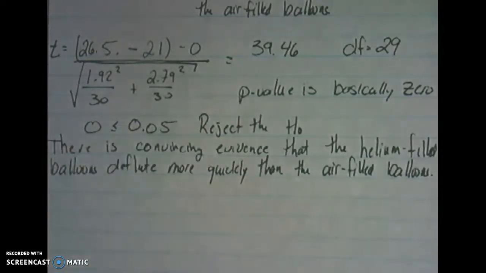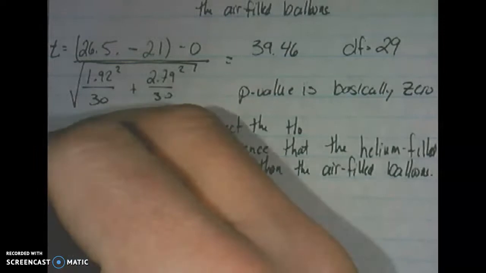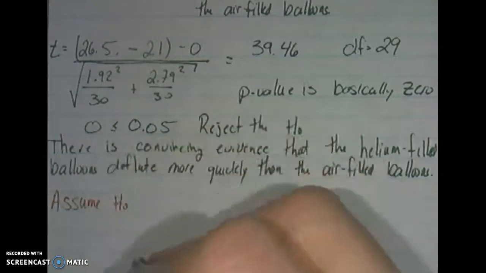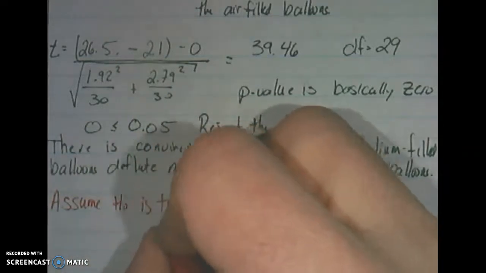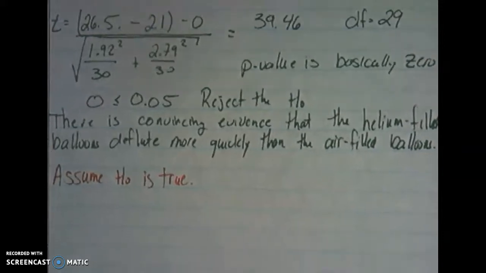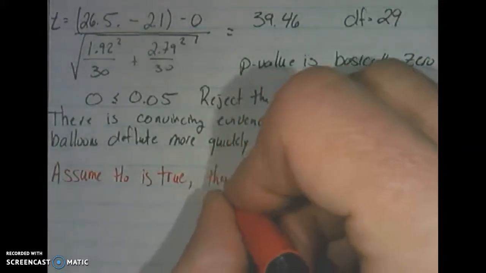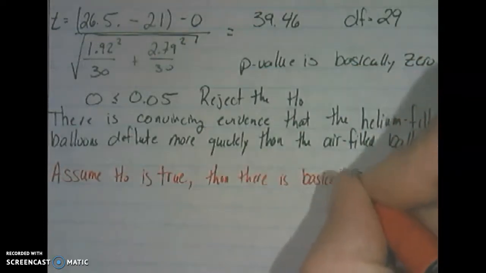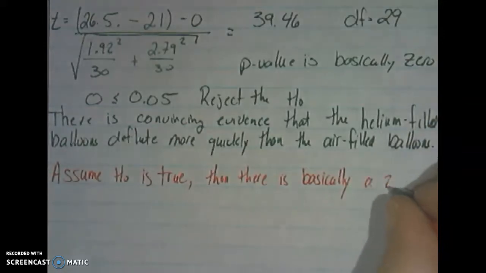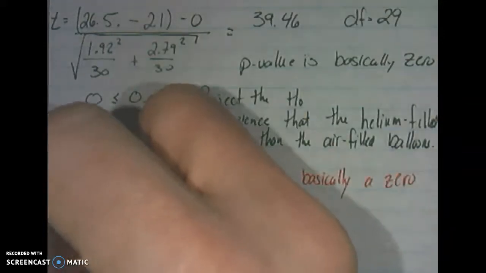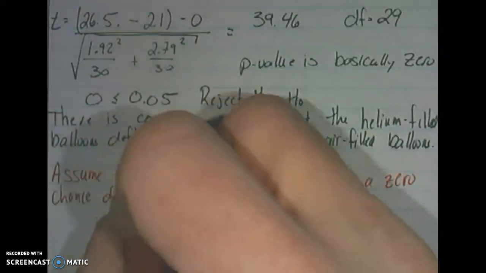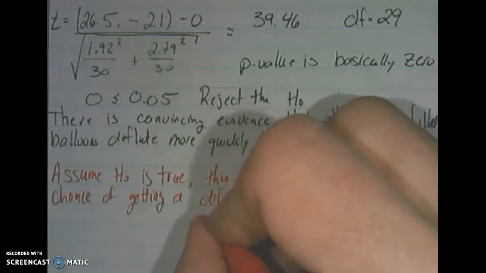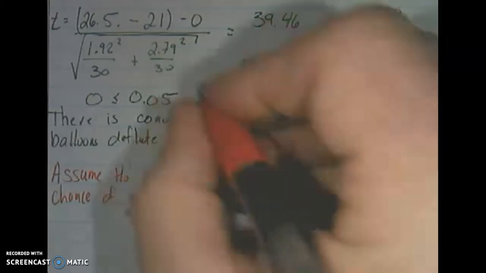Part B, we're going to come to here and say, okay, well, we're going to assume that H naught is true. Okay, we already showed that it's not, but we're going to say that it is. Then there is basically a 0 chance of getting a difference of coming up here.